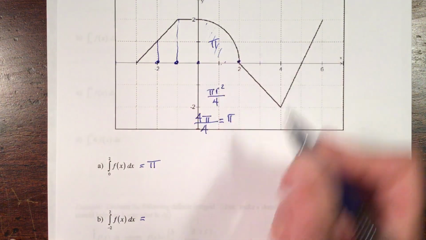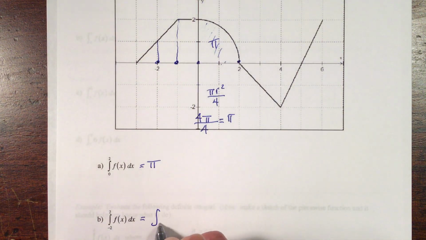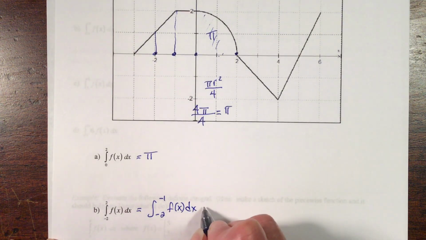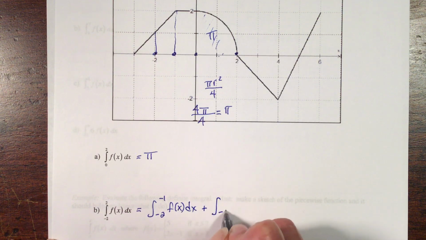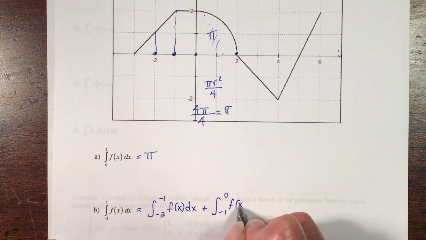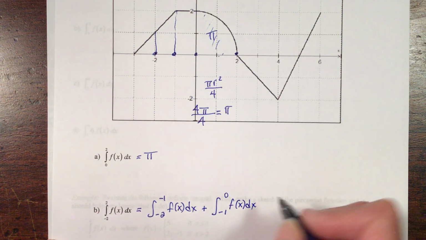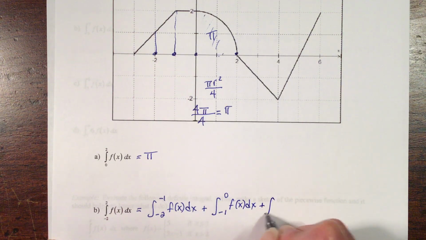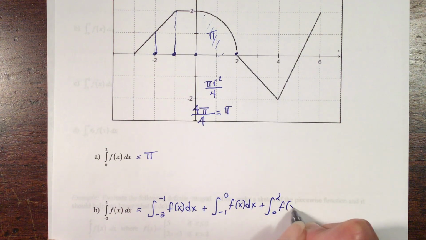So if I was using math notation, I could break this up from -2 to -1 of f of x dx. Then the next piece is going to be -1 to 0 of f of x dx. And then the next piece is the integral from 0 to 2 of f of x dx.